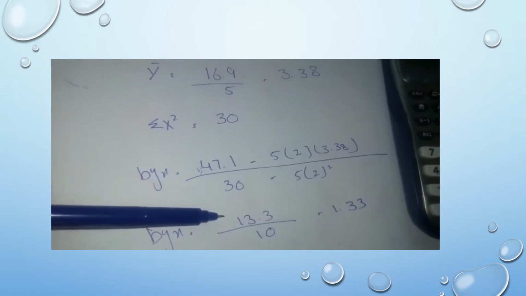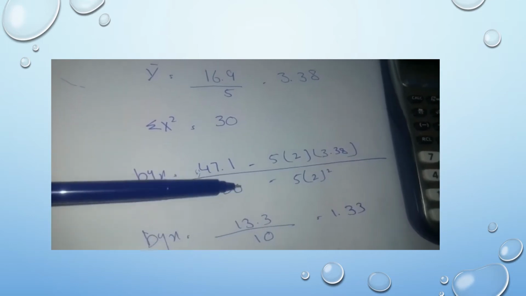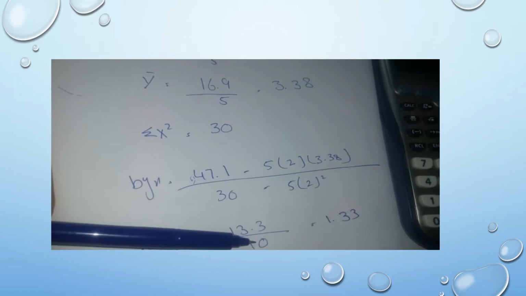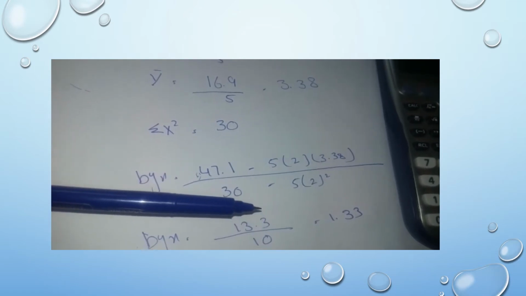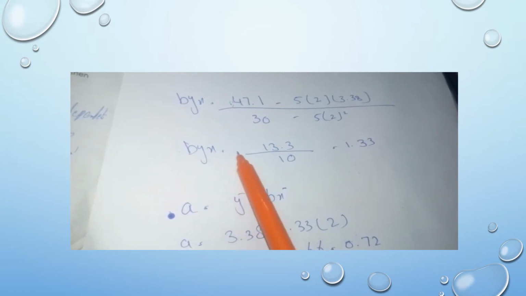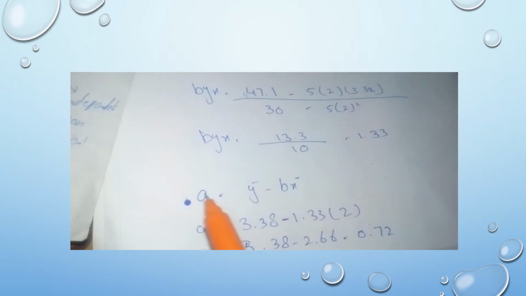The answer of the numerator is 13.3 and the denominator is 10. So after the division, the answer is 1.33. So the answer of byx, the regression line of y on x, is 1.33.